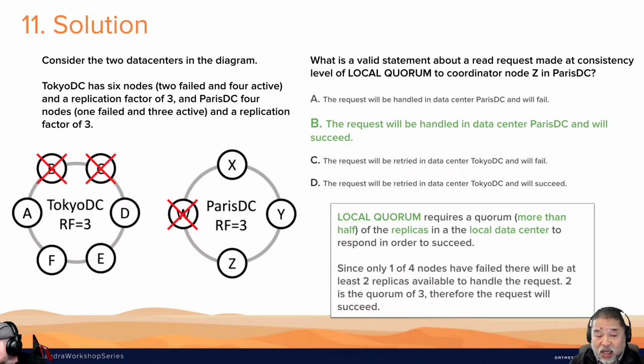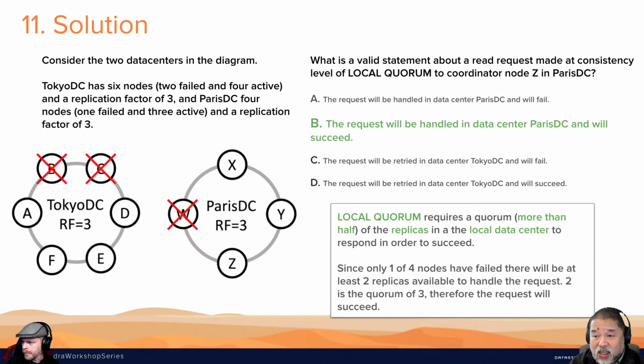In the best case, the data we're looking for is not on node W, so the data would be replicated on 3 nodes in the Paris data center. Either way, local quorum requires that a quorum, that is more than half of the replicas in the local data center, respond, and in either the best case or worst case, there are 2 replicas that can respond.